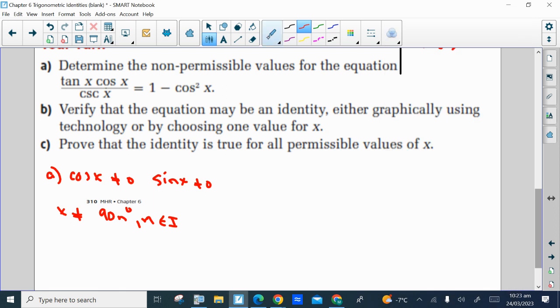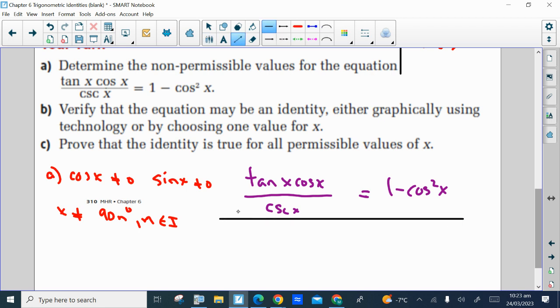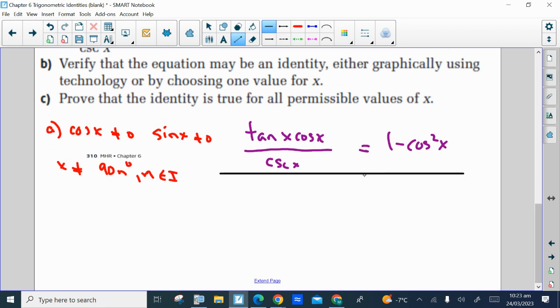And then part C, we want to show algebraically that they are the same. So start with the original expression, always. And on the right side, again, by that Pythagorean identity, 1 minus cos squared x is equal to sine squared x.